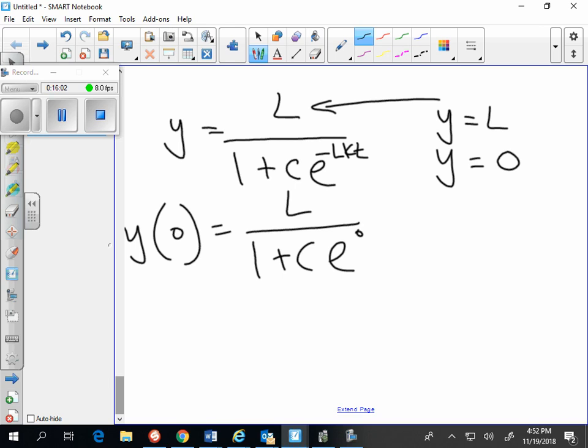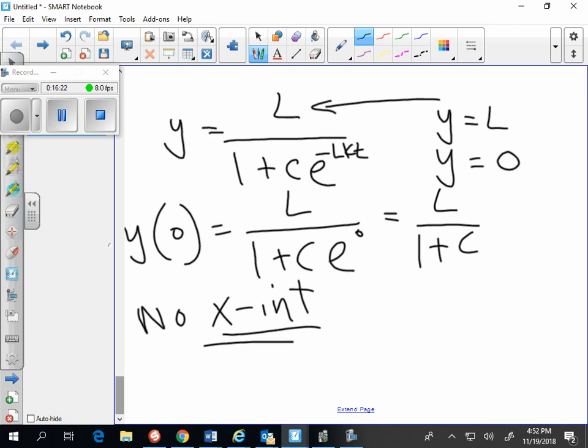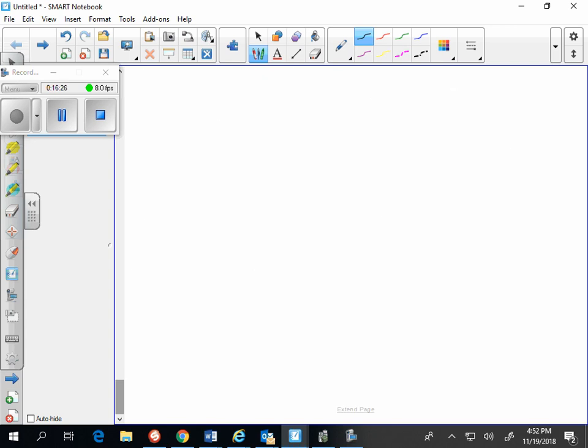E to the 0 is 1. 1 times C is C. And so I end up with L over 1 plus C. The y-intercept of a logistic curve is always at L over 1 plus C. Logistic curves have no x-intercepts, so you don't have to worry about finding them. They do have an inflection point, though, and we should say something about that.